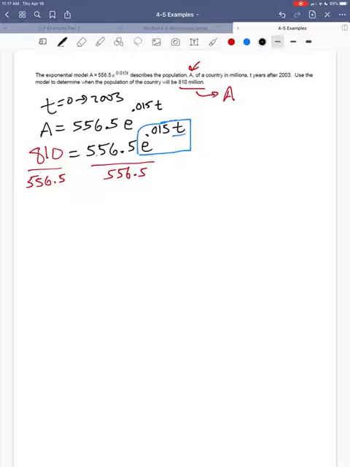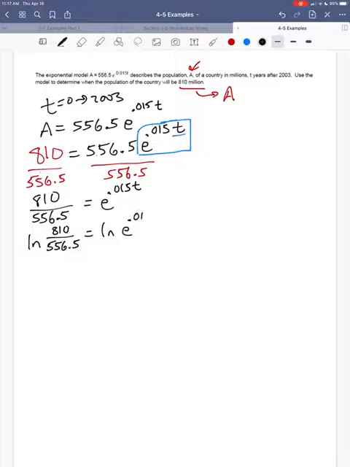So I'm going to get 810 over 556.5 equals e to the 0.015 t, and now I can take the natural log of both sides. So I just do that, and now this exponent can come down in front.